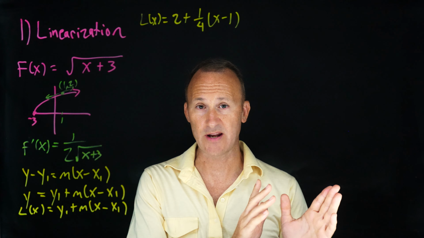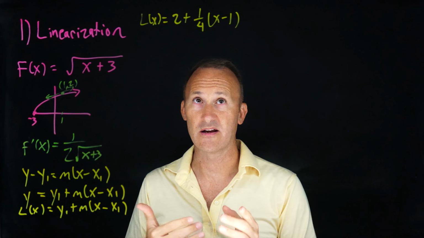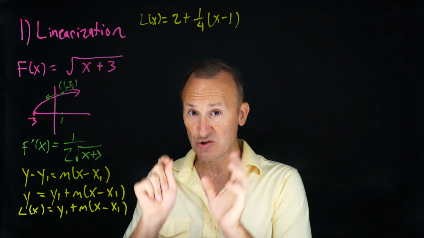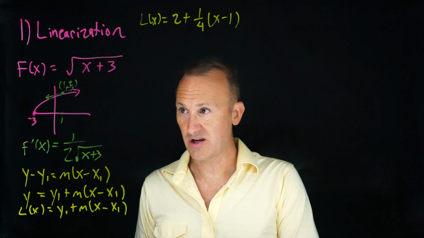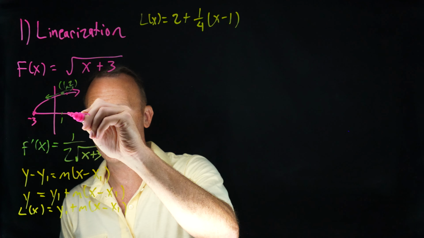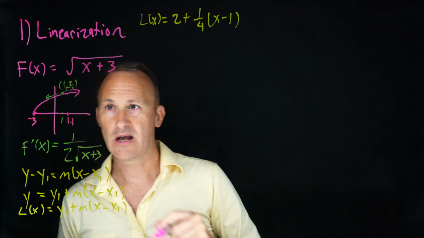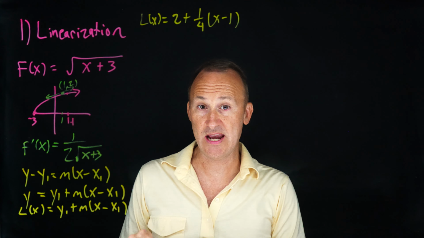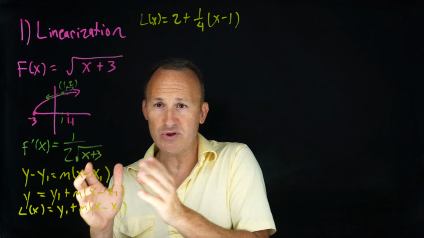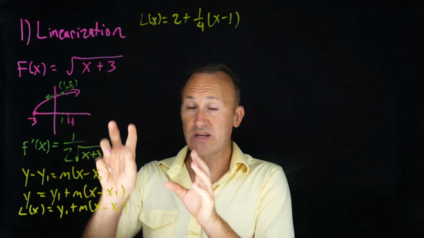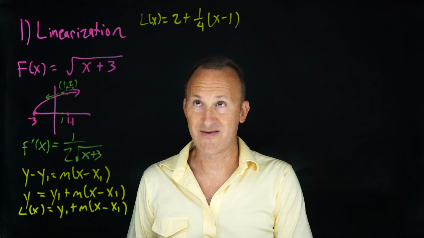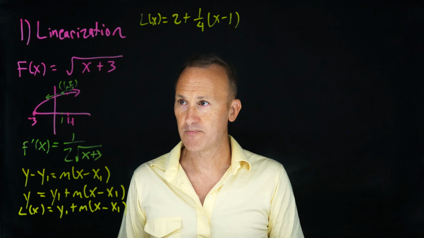The difference now comes into play when we evaluate it at another point. So what we're trying to do is get this point here, 1.1. And the idea is we can't get it exactly on the curve, but because it's close to the point 1, we can use the tangent line to approximate it. And that is what we are going to do.